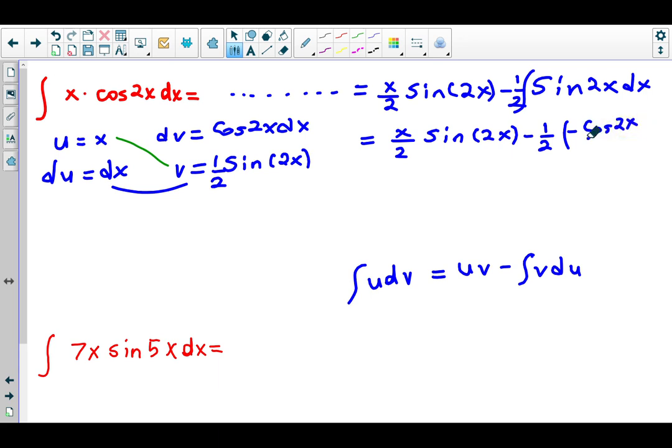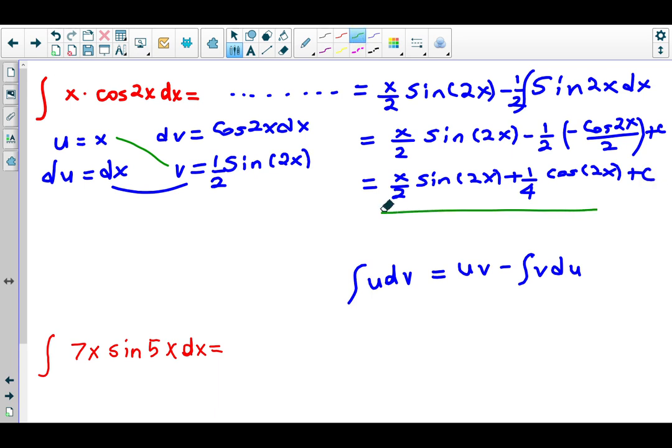Once again, don't forget to divide by 2, plus c. And combining those two quantities together, I'm going to have plus 1/4 over there. So x over 2 times sine of 2x plus 1 over 4 cosine of 2x plus c. And that is our final answer for that question.